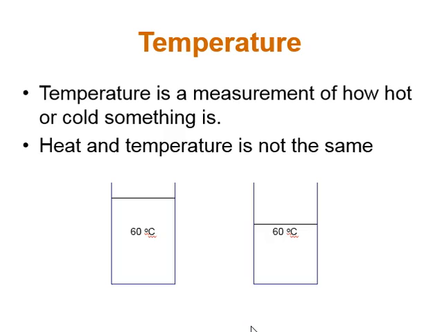Which one would have more temperature? The answer is both of them would have the same temperature. But if they ask you which container would have more heat energy, then the answer would be the one on the left, right? Because even though the temperature is the same, there's more hot water here, so there'll be more heat energy here.